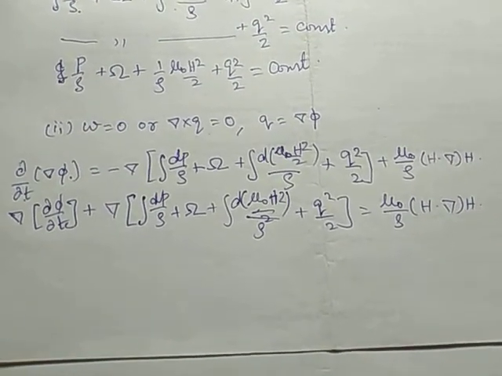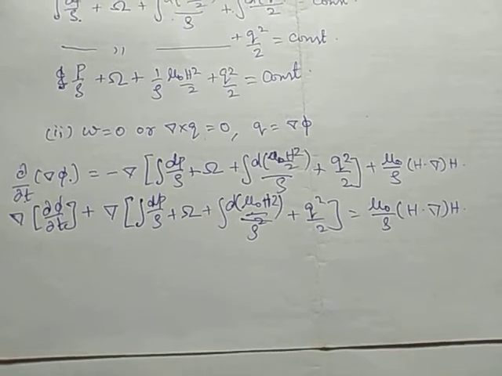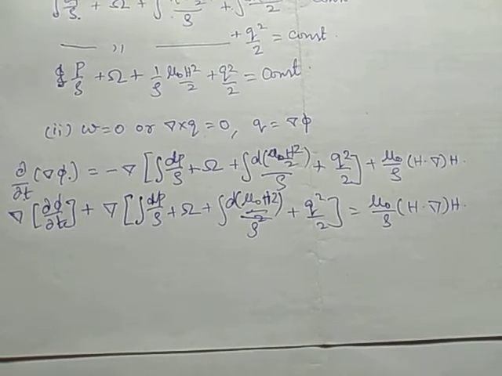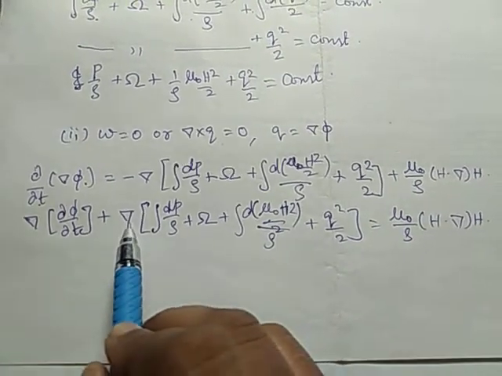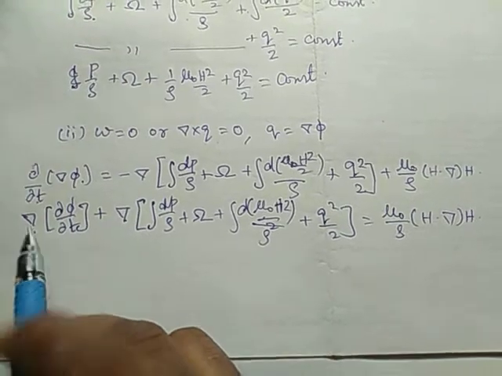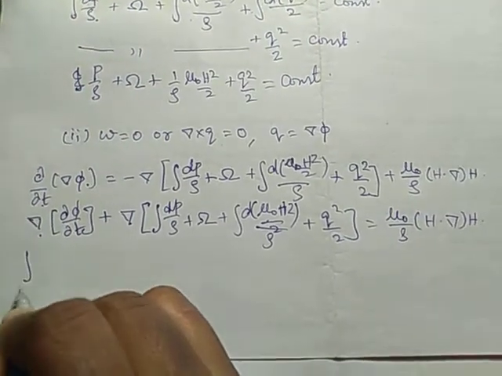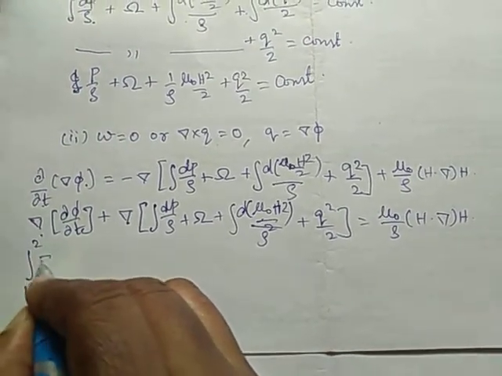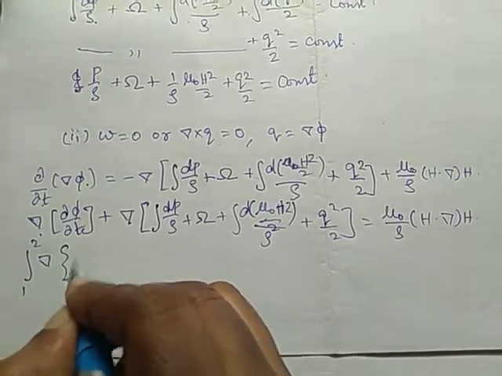Again we are going to integrate this between points 1 and 2. Again we take del common. So we will get integration from 1 to 2, del is common. What are the remaining terms we have?